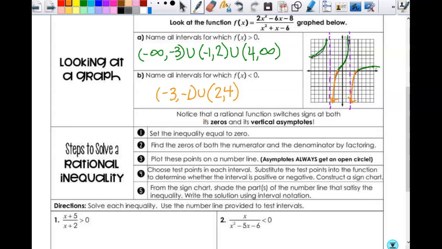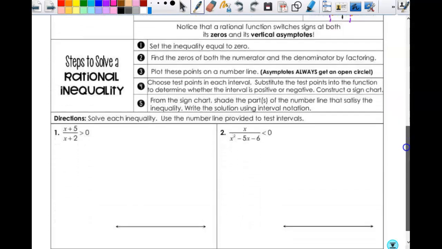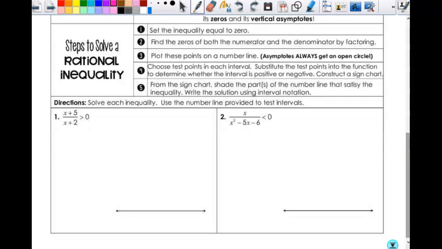So our steps are pretty much the same. It changes just a little bit because we have asymptotes, because we have to find the zeros of the numerator and the denominator. The zeros of the numerator give us the zeros of the function. The zeros of the denominator give us our asymptotes. And once again, setting the inequality to 0 makes a little bit more sense.